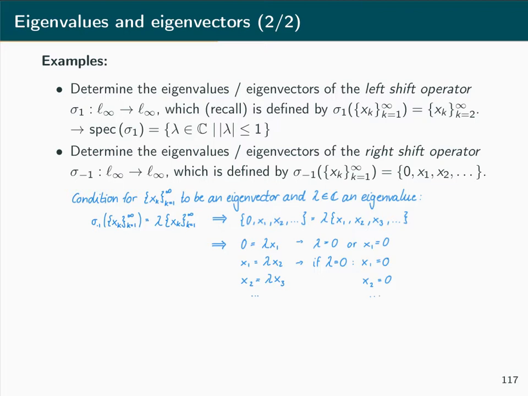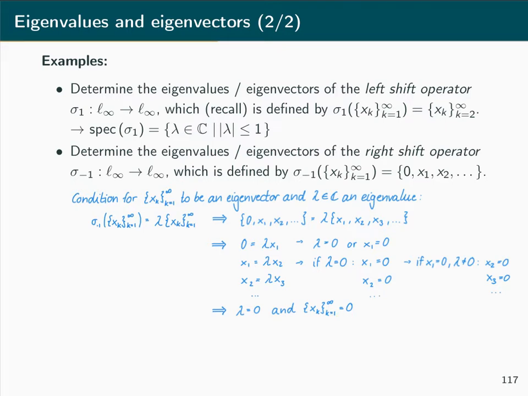And second, let's look at the case where x1 equals 0 and lambda is non-zero. If lambda was 0, we would be back to the first case. So now lambda is non-zero and x1 is 0, which means that x2 must be equal to 0, x3 must be equal to 0, and so on. So we conclude that the eigenvector must be equal to the 0 sequence.